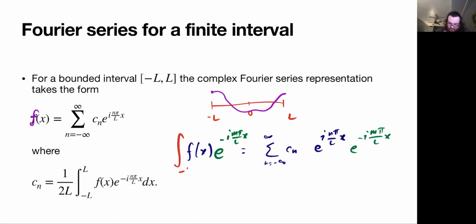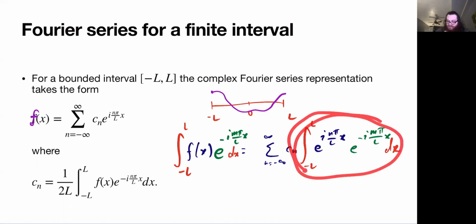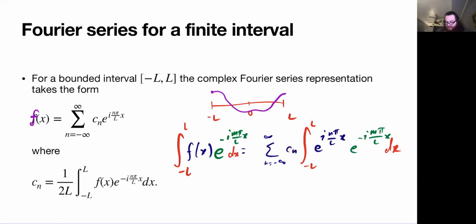And then we integrate over the entire interval, from negative L to L, dx. The only integrals here that are non-zero are when n is equal to m, giving the integral of e to the 0, which is 1, and that's where we pick up a 2L from.